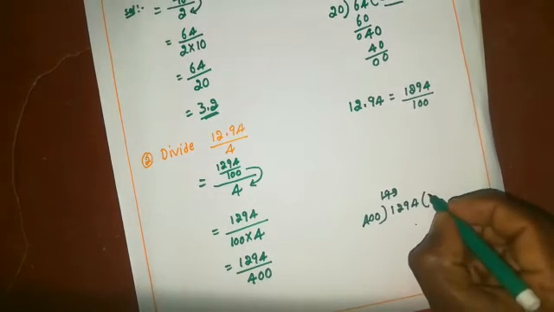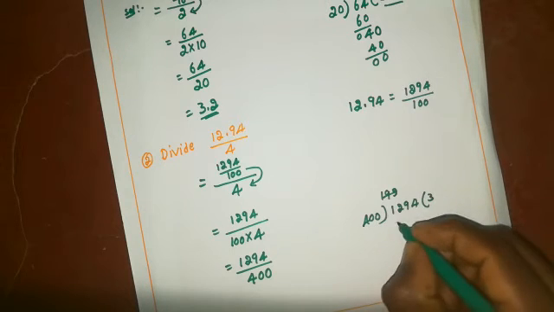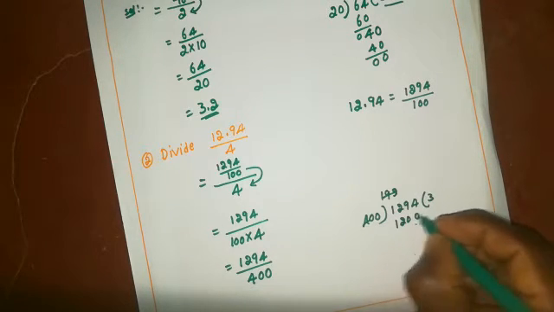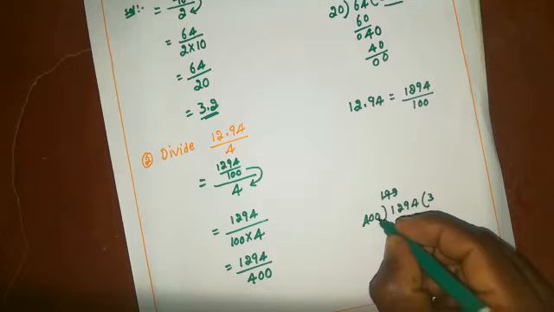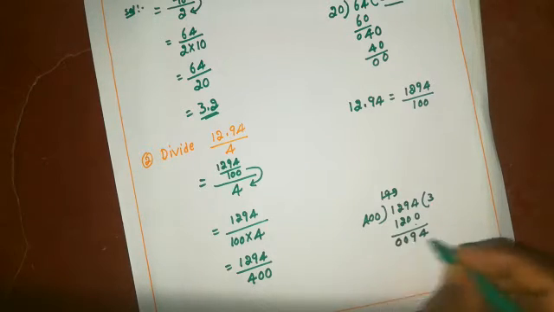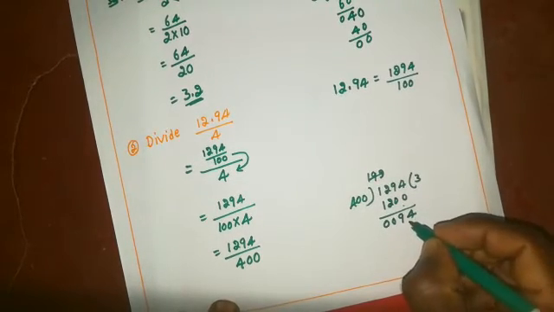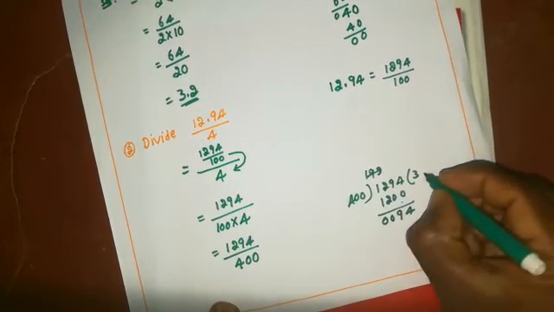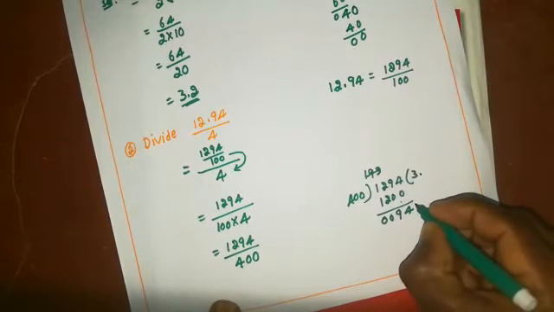How many times? 3 times. 400 threes are 1200; 4 threes are 12, and I put 2 zeros. Now 1294 minus 1200, we have a remainder of 94. 94 is less than 400, so we put a point and a 0.